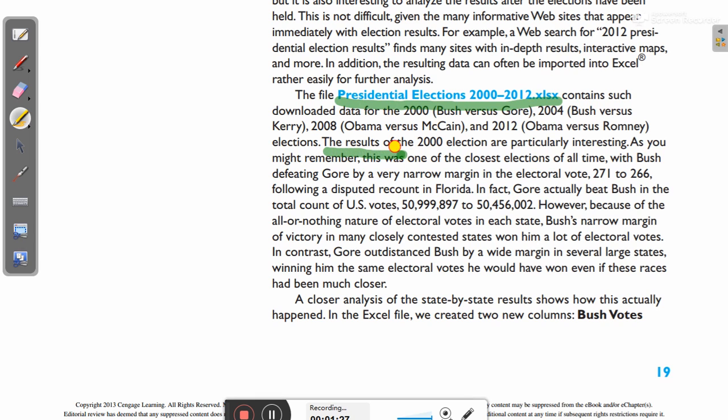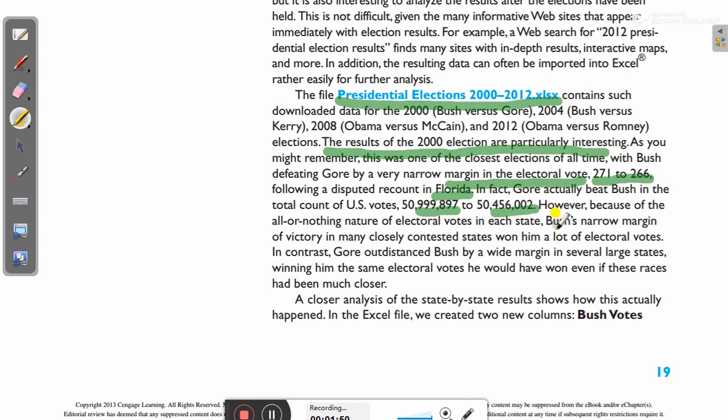The results of the 2000 elections are particularly interesting. Here the margin of the electoral vote was 271 to 266, and specifically in Florida the difference was not that big.